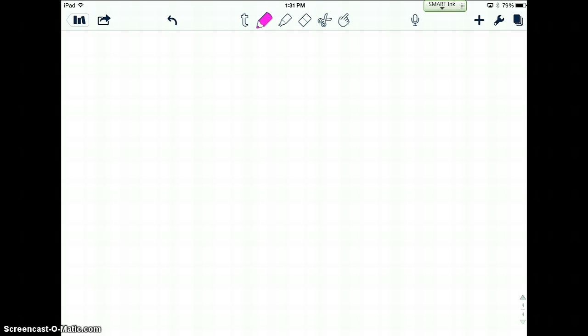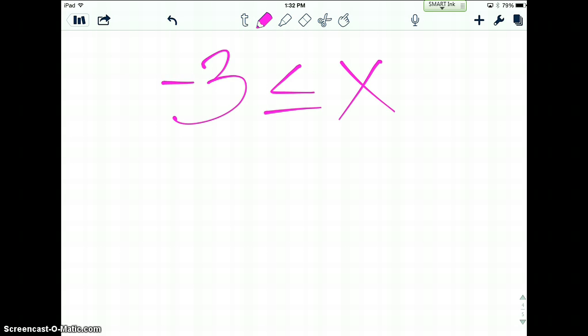Okay, now I'll try and trick you. So let's do something like -3, that symbol, x. The reason why this one's tricky, and maybe you can figure that out, is because my variable is now on the right. It's not on the left. So you're like, oh, that won't trick me. You'll see.